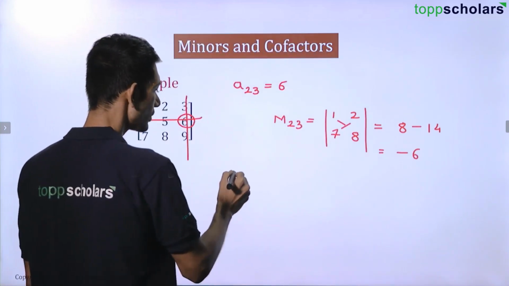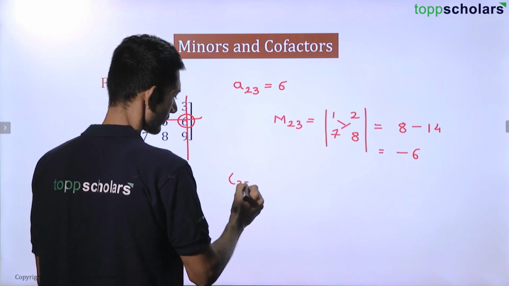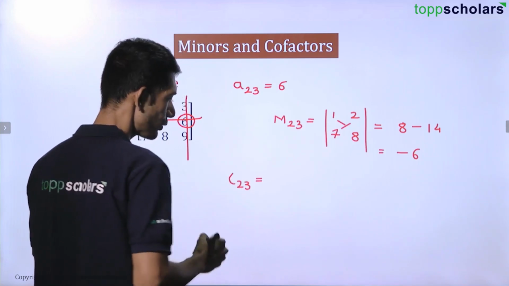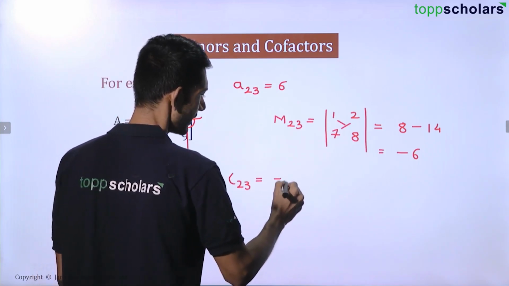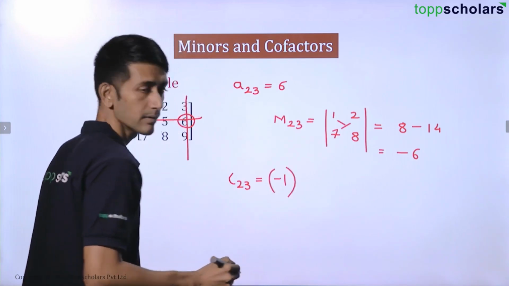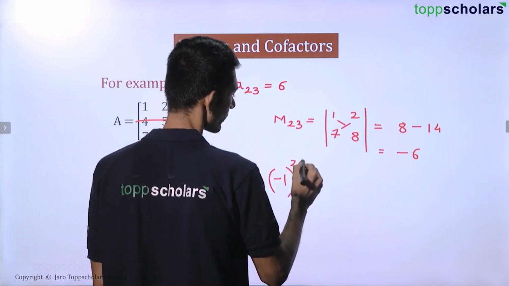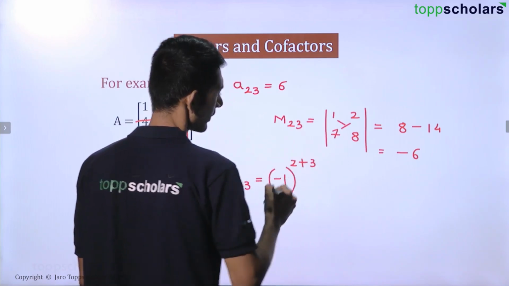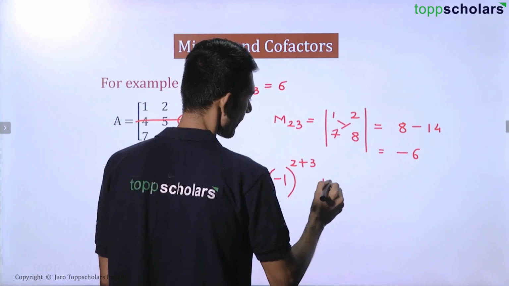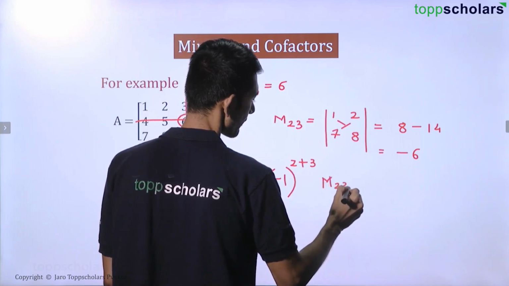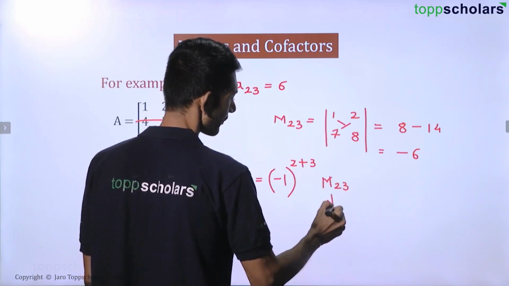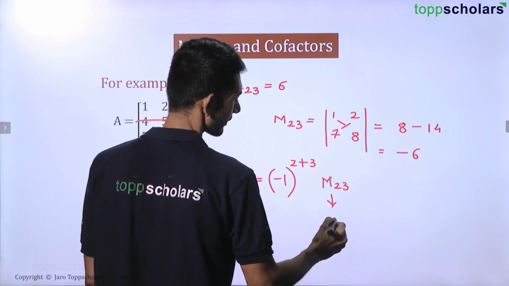So what is your C23? C23 is minus 1 raised to 2 plus 3, and then M23. But M23 is already minus 6.